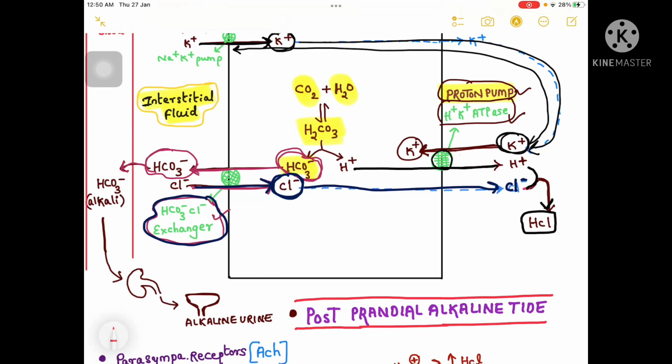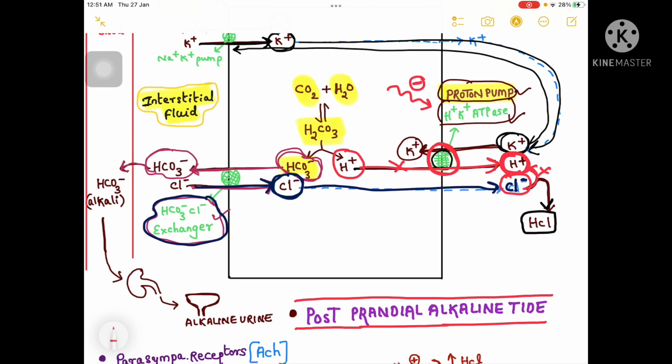If you inhibit this proton pump by giving some drugs, then the proton pump will not work. When the proton pump does not work, it is unable to send the H plus ion outside of the cell. So the H plus is not available here, and then the chloride ion is unable to fuse with the H plus ion.